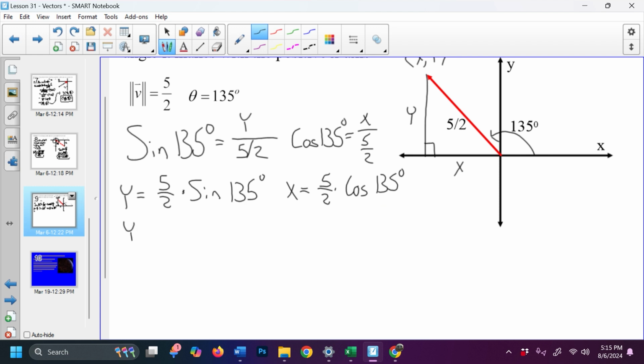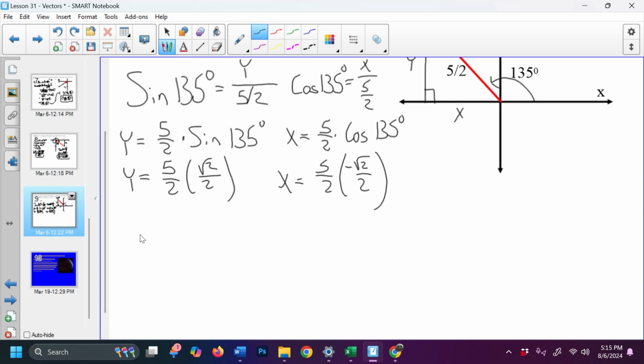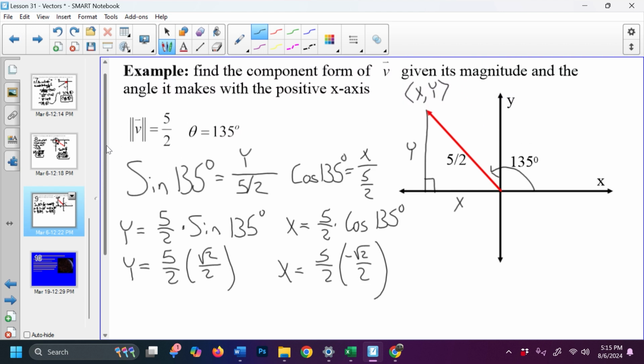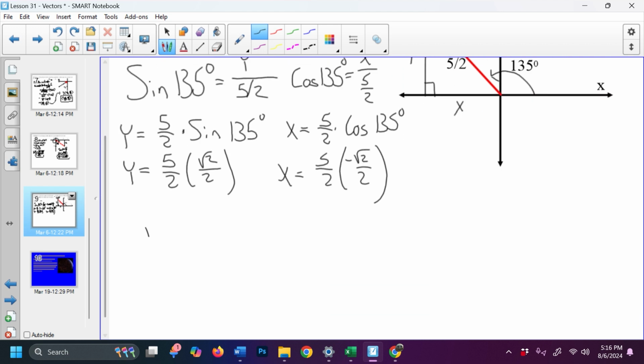So my y value will be 5 halves times square root of 2 over 2. And my x value will be 5 halves times negative square root of 2 over 2. And I know I have them backwards, but my final component form for vector v will have the x value come first.